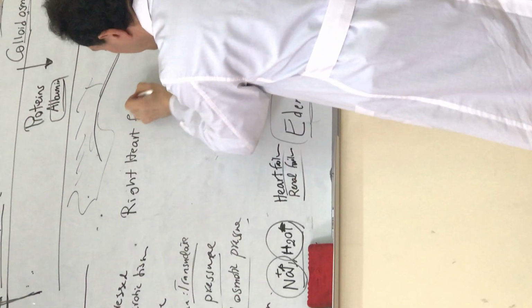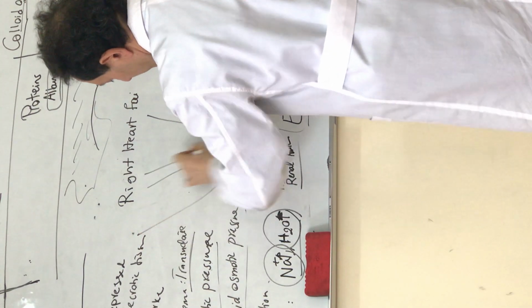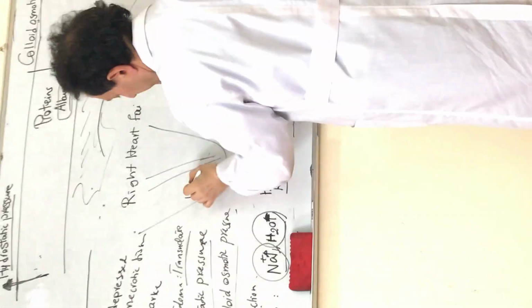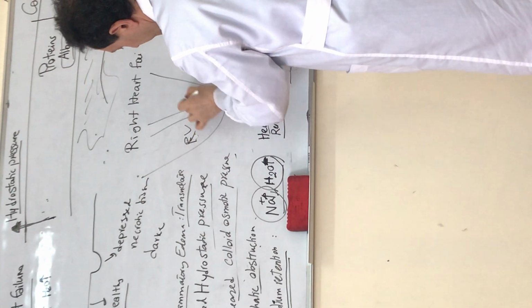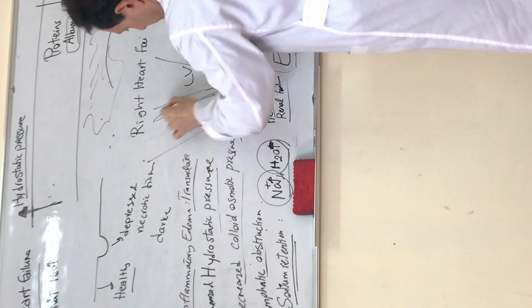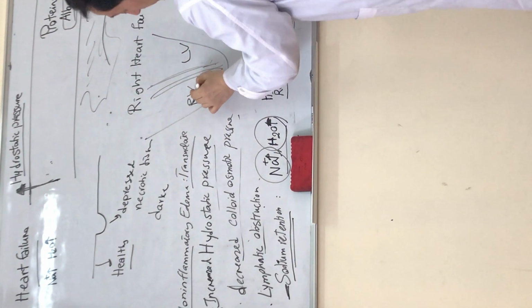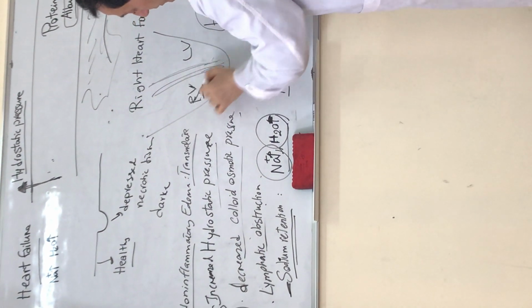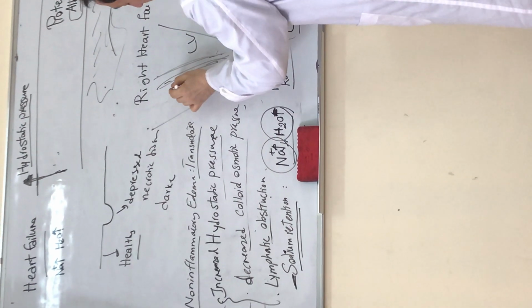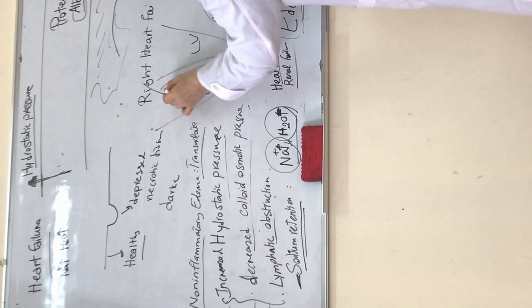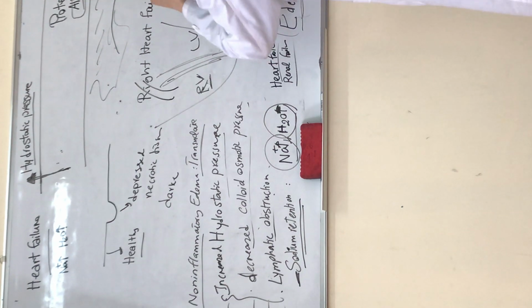In right heart failure, you imagine this is the heart, this is the septum between the right ventricle and left ventricle. So in right heart failure, this part of the ventricle cannot pump all the blood.